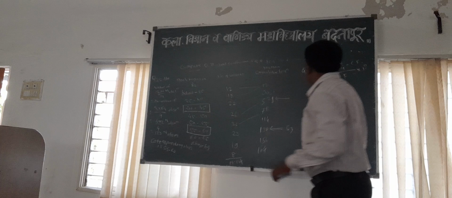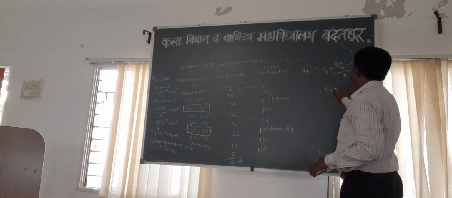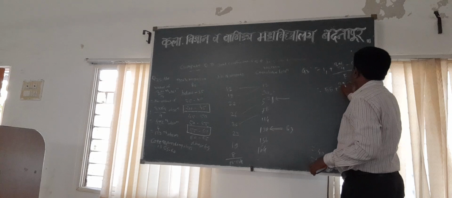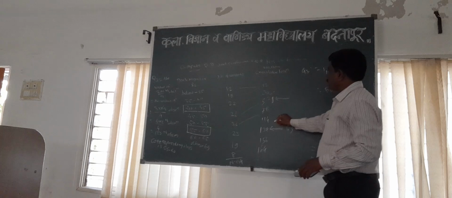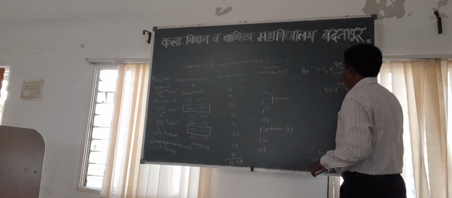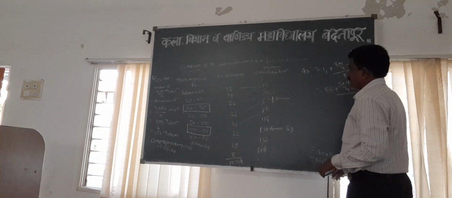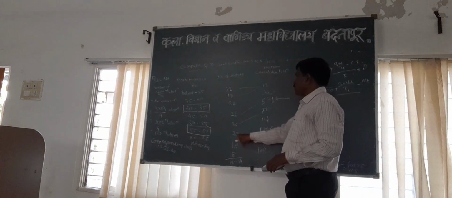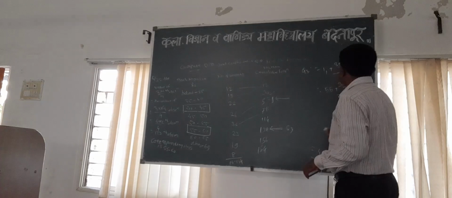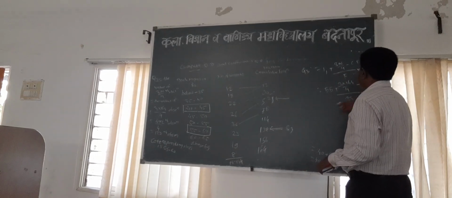The lower limit of this class is 55, plus 3n by 4 where n is 164, minus Cf, the less than cumulative frequency, 114, divided by F, the corresponding frequency of the class interval, 23, into the class width 5.